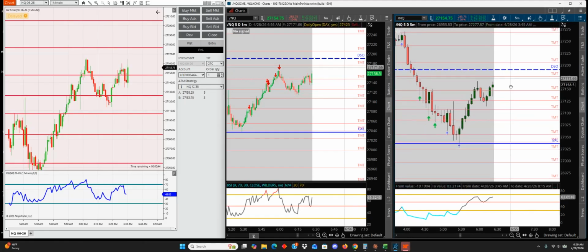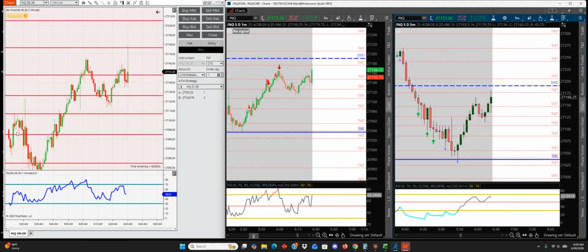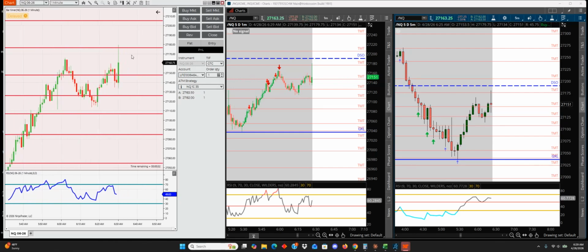All right, so again, 1 minute to go, or less than that, and look at the spike here on pre-market.